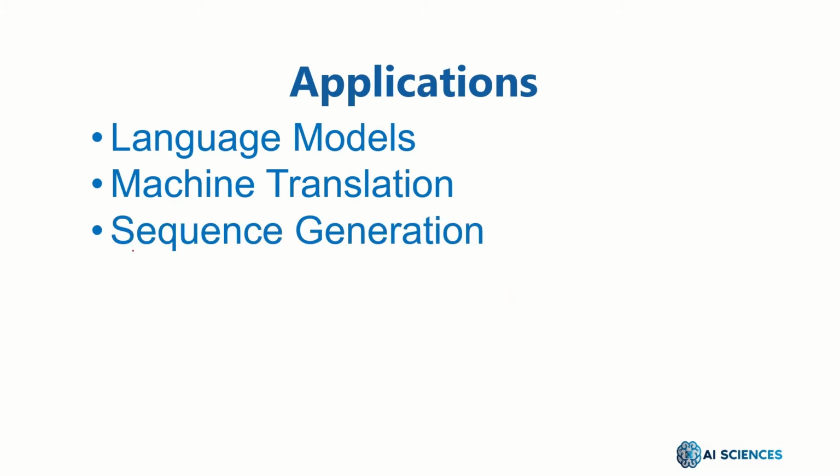Also, a lot of experiments went on in sequence generation, for example. Now computers and machines, through natural language processing tools, are able to write text like Shakespeare, or generate music like other musicians and stuff like that.